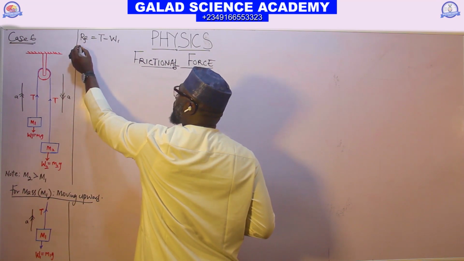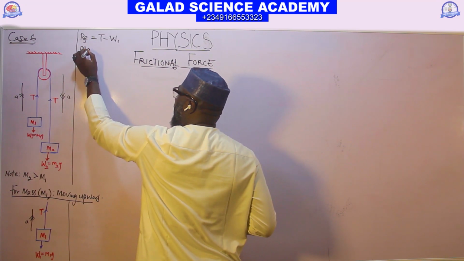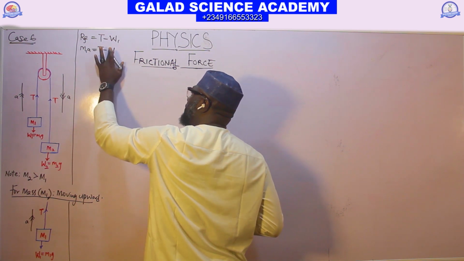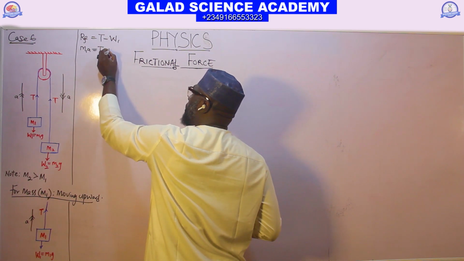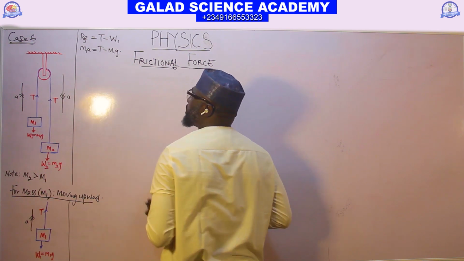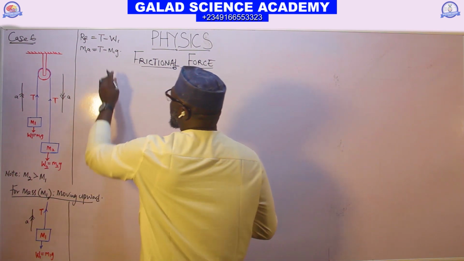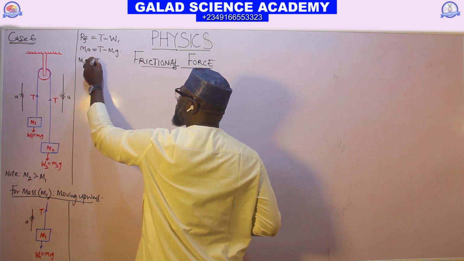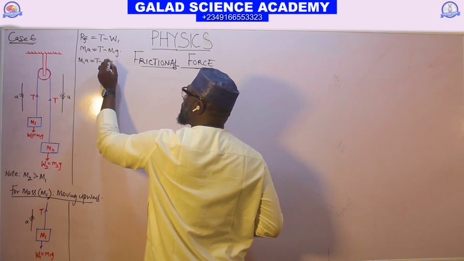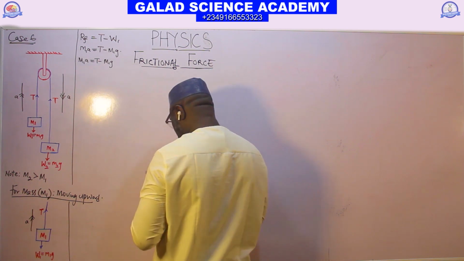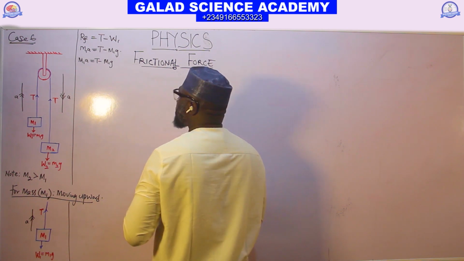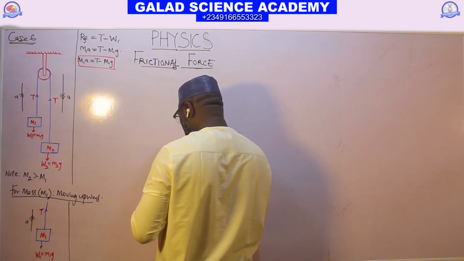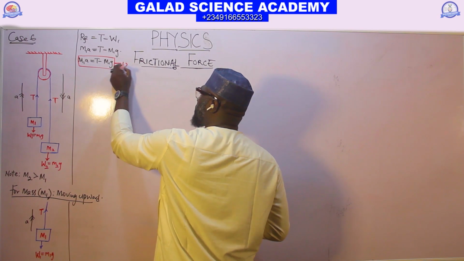This resultant force is M1A, and it equals tension T minus weight, M1G. If you rewrite this equation, you will have M1A equals T minus M1G. This is what we call equation 1.